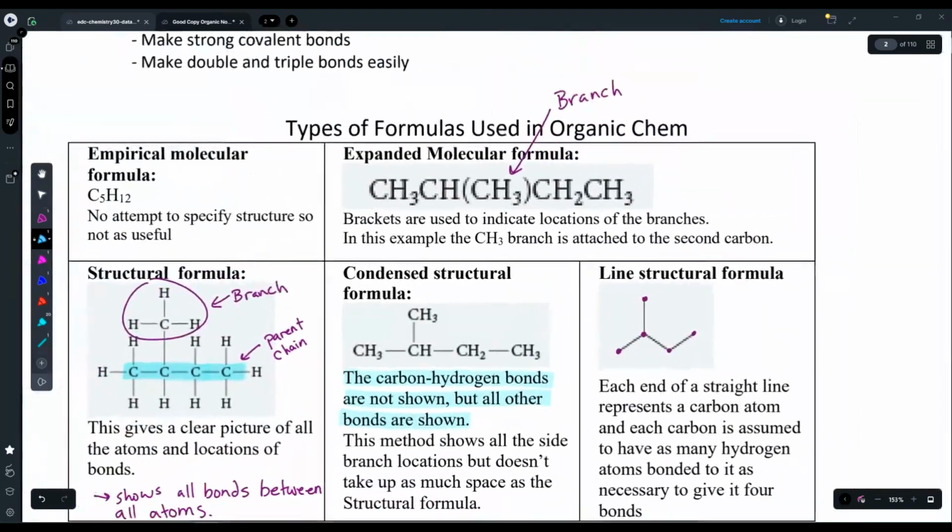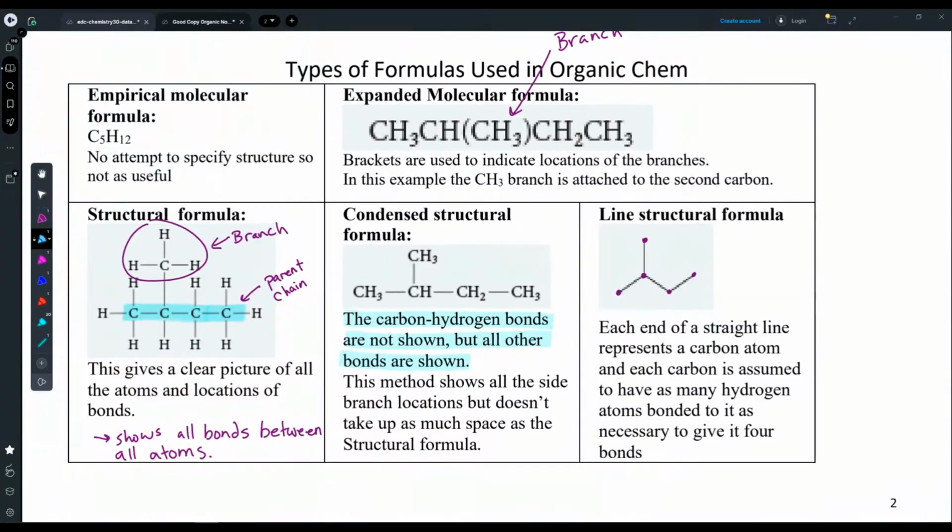Okay, so keep in mind all of these structures or formulas mentioned are all talking about the exact same compound. However, as you can see, the structural formula, condensed structural formula, and the line structural formula are a lot more useful for seeing what this compound looks like.